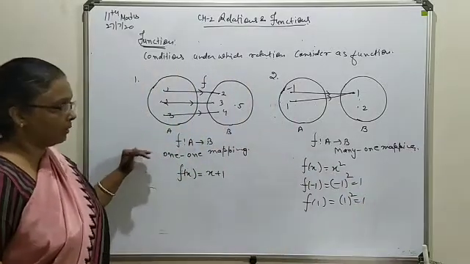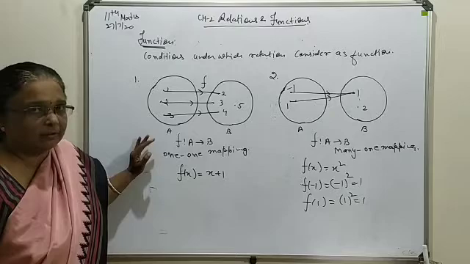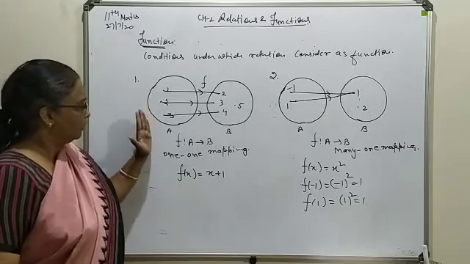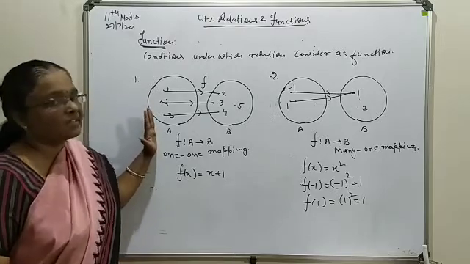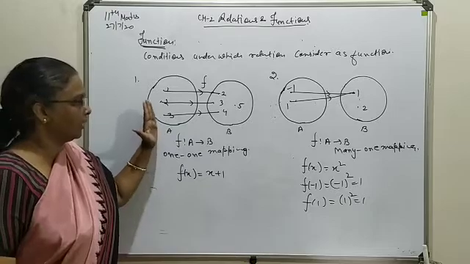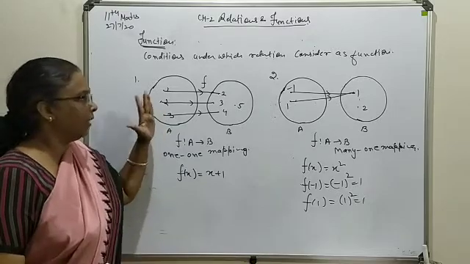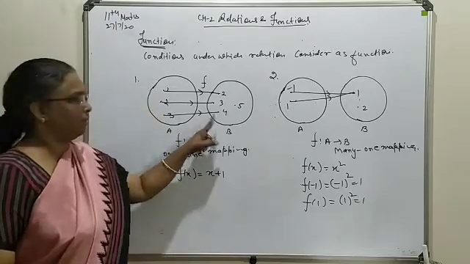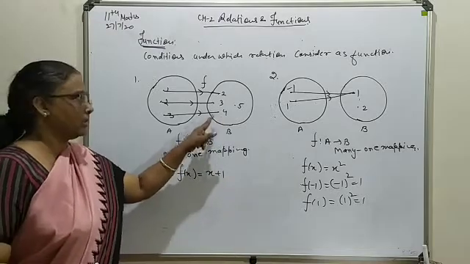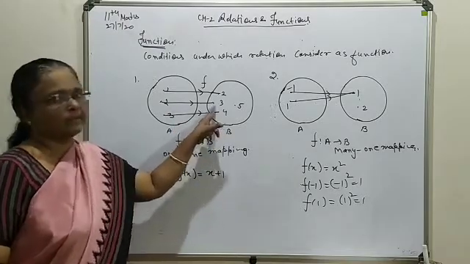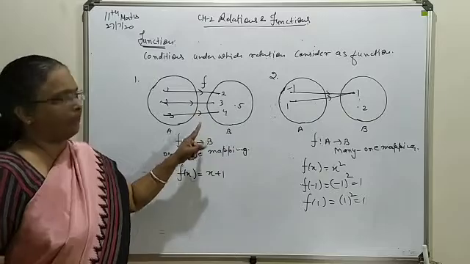It was 1-1. I repeat, in 1-1, an individual element, a single element in set A, has only one image in set B. So it is called 1-1 correspondence or 1-1 mapping.